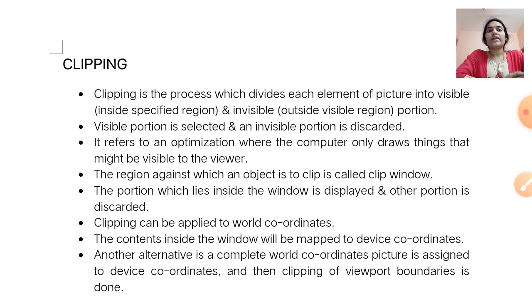The region against which an object is to be clipped is called the clipping window. The portion which lies inside the window is displayed and the other portion which lies outside the window is discarded. Clipping can be applied to world coordinates.